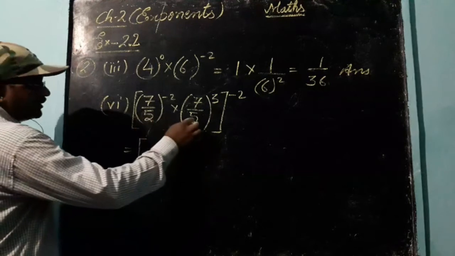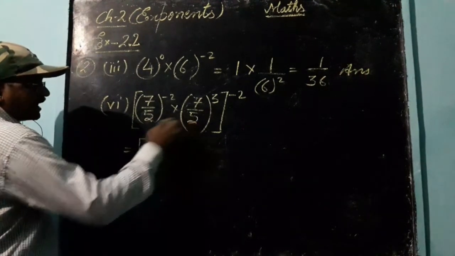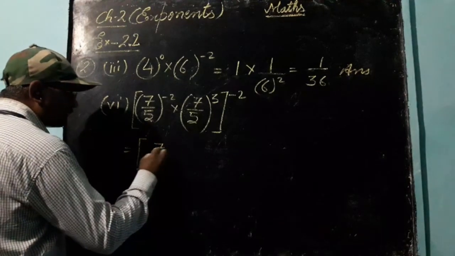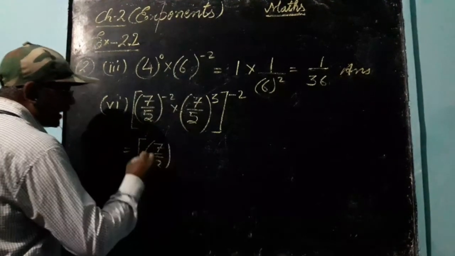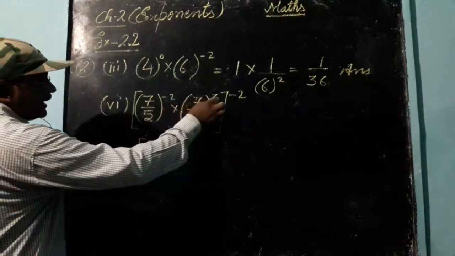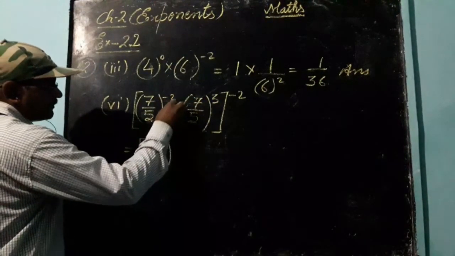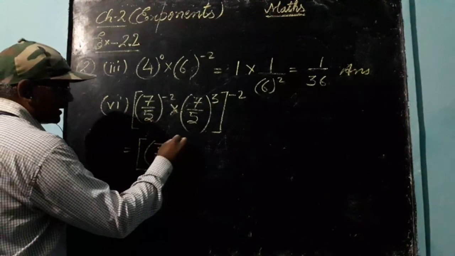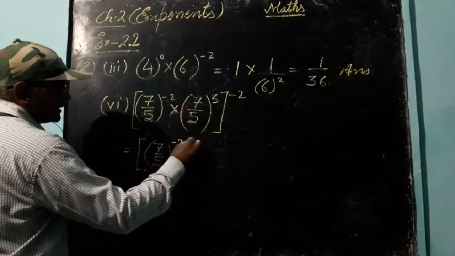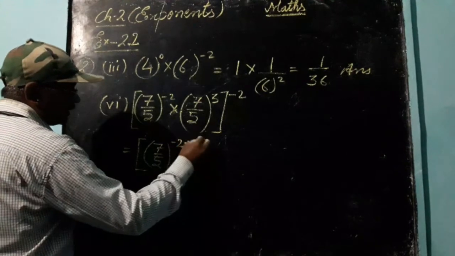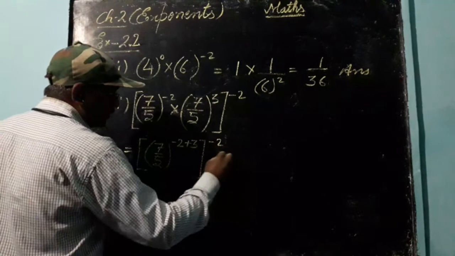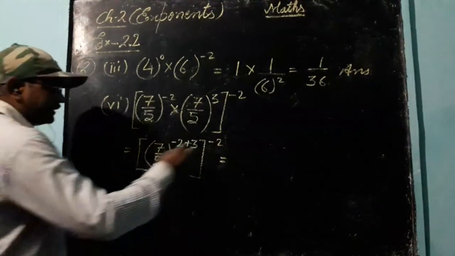So first of all you are observing that bases are same, so you will write the base one time 7/5 to power will be added due to multiplication. Here given multiplication, in this case the power will add, so then you will write -2 and +3 to whole power -2.